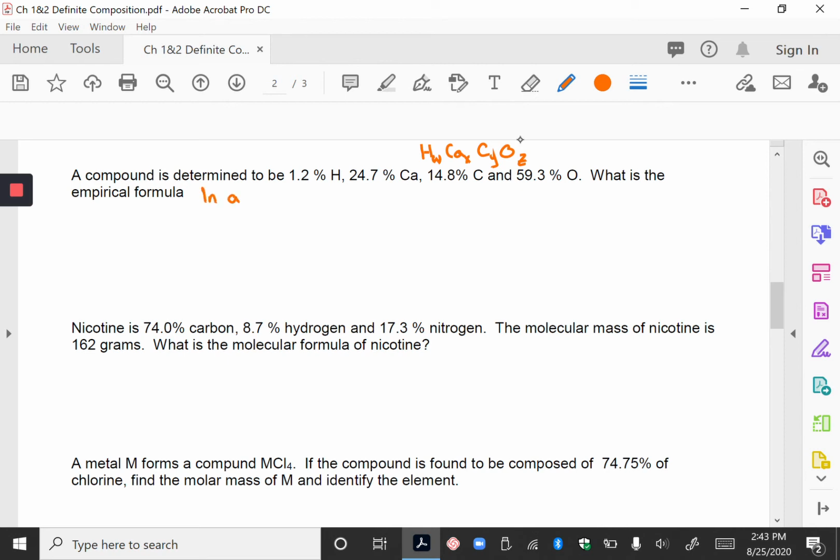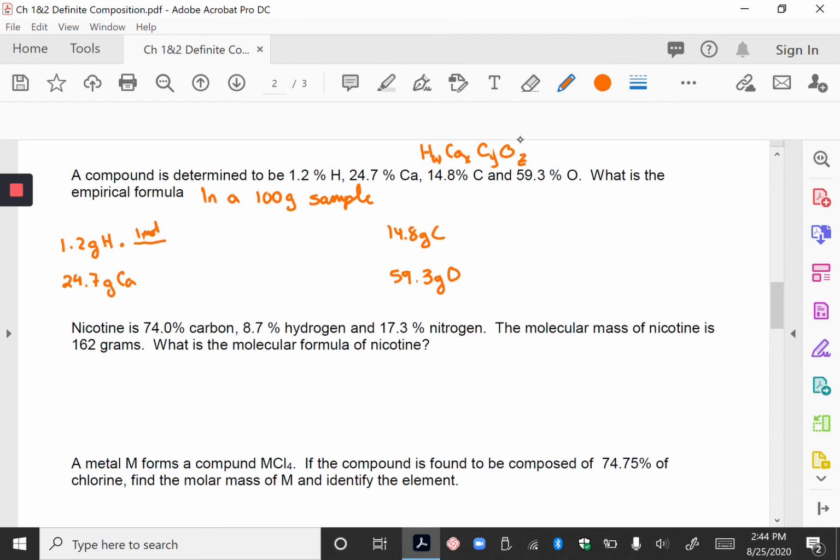So I'm going to say in a 100-gram sample, I would have 1.2 grams of hydrogen, 24.7 grams of calcium, 14.8 grams of carbon, and 59.3 grams of oxygen. And I'm going to go ahead and convert all of these to moles.